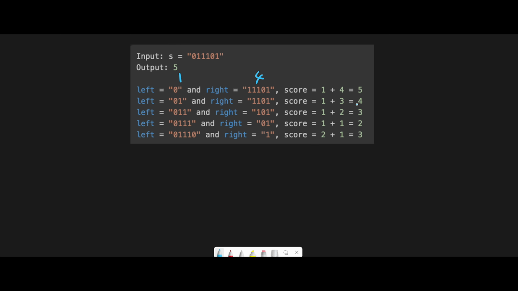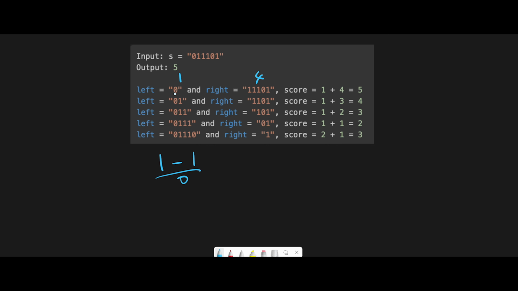Why did this happen? That's because we put 1 on the left side, so we will not get 1 point from this one. In other words, we will lose 1 point. So that's why the total score should be 1. So this is the number of 0s minus the number of 1s, and the total is 0.